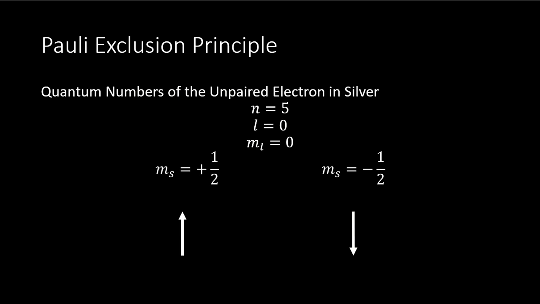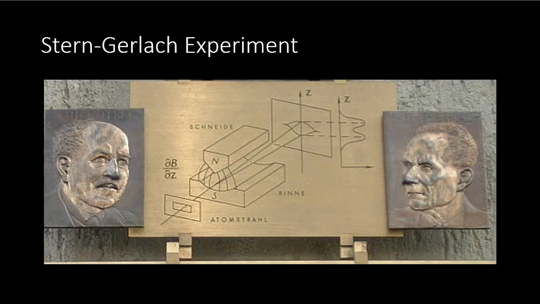The orbital angular momentum quantum number is 0. The magnetic quantum number is 0. However, because that last electron is unpaired, there are instances where it may exist spin up or it may exist spin down. And that is what the Stern-Gerlach experiment made use of.